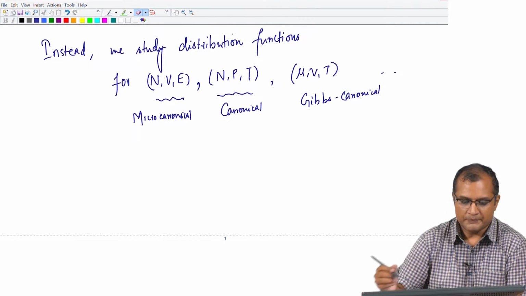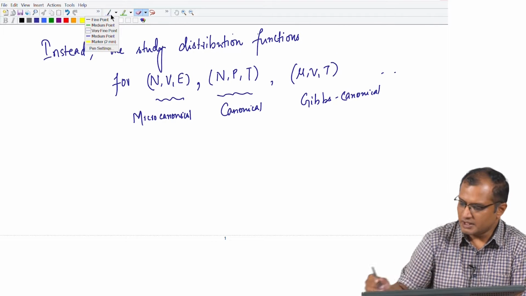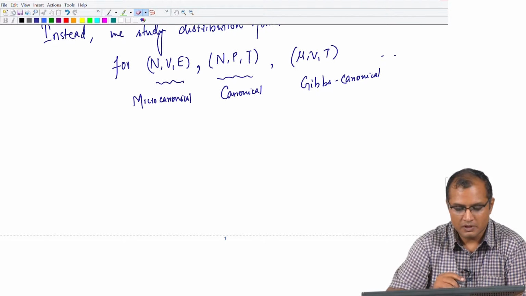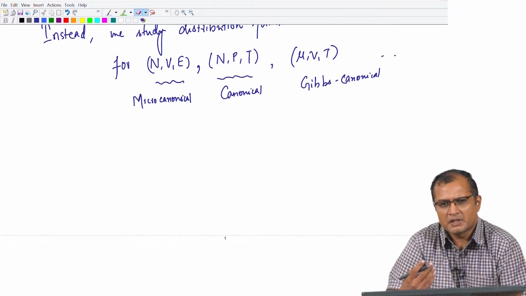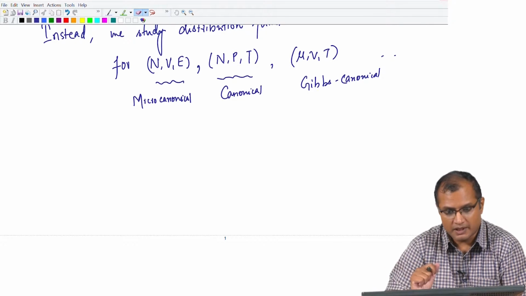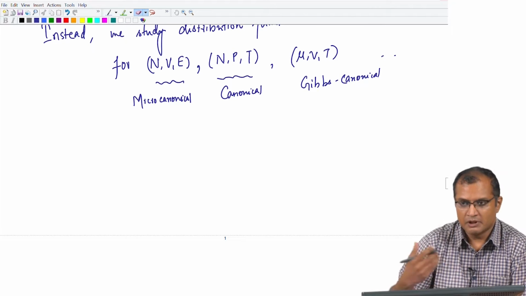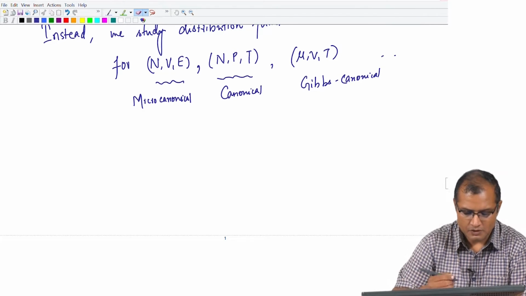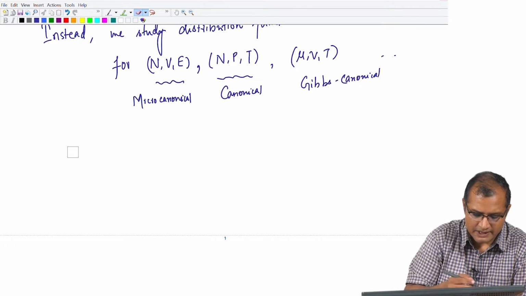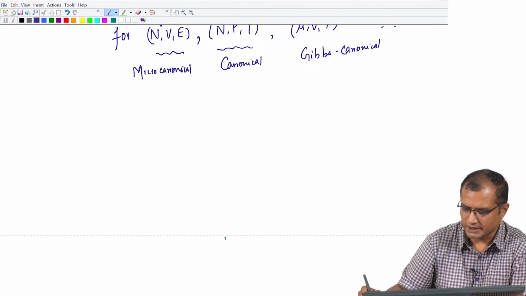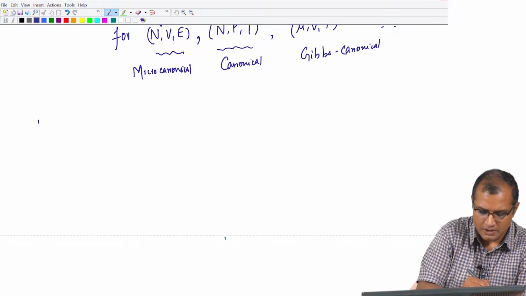I will not be concerned about single particles anymore, where the amount of information available is huge, but the problem also becomes intractable. Instead, we will go to the information of distributions. With that in mind, I will take the first ensemble, which is the microcanonical ensemble.